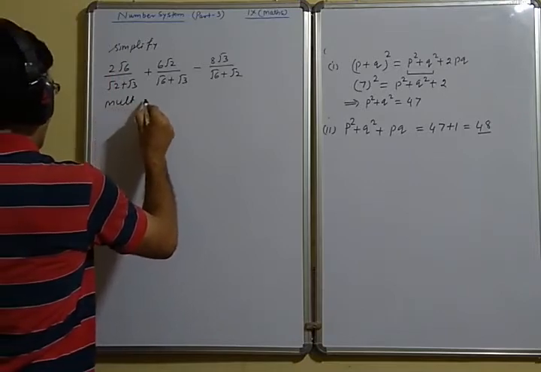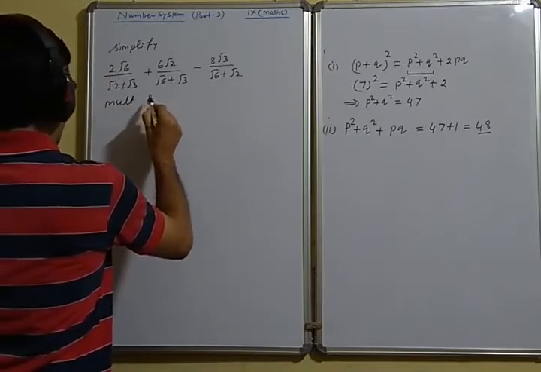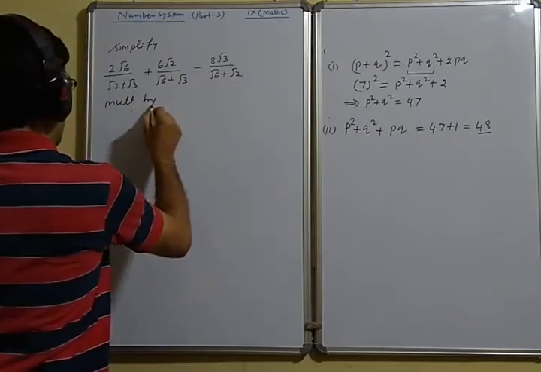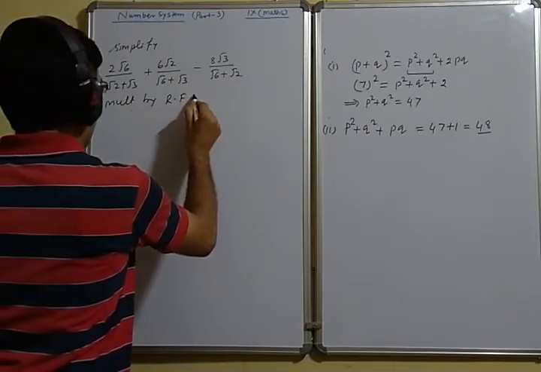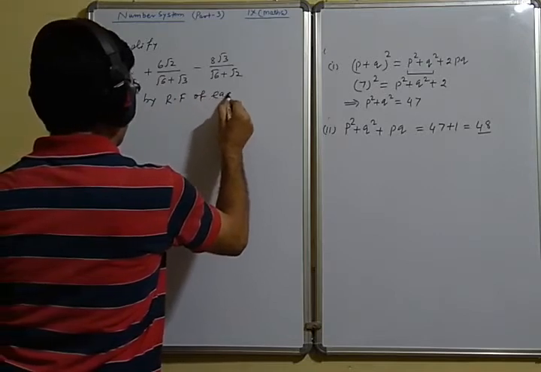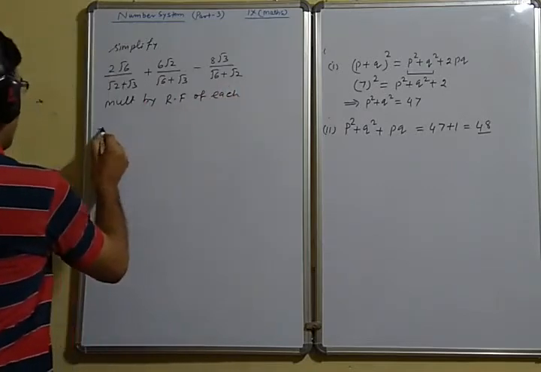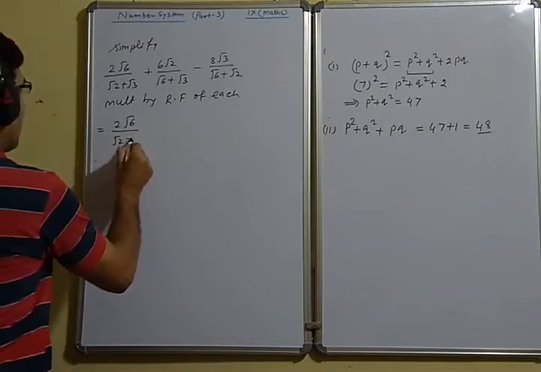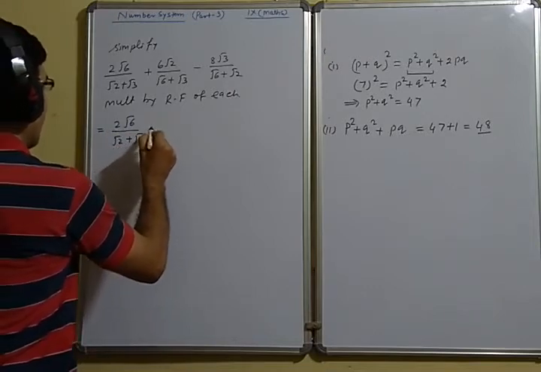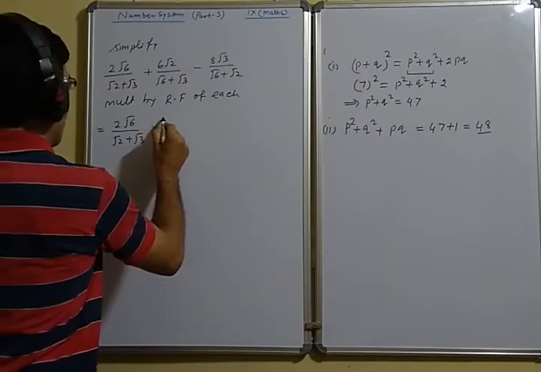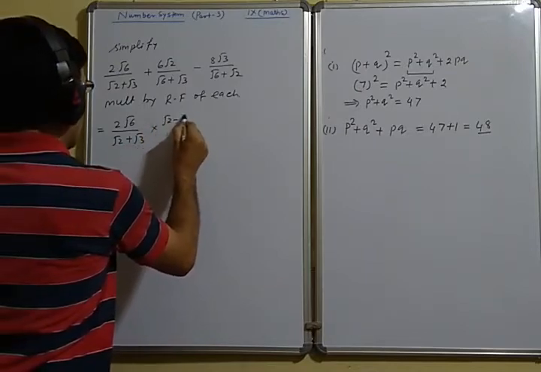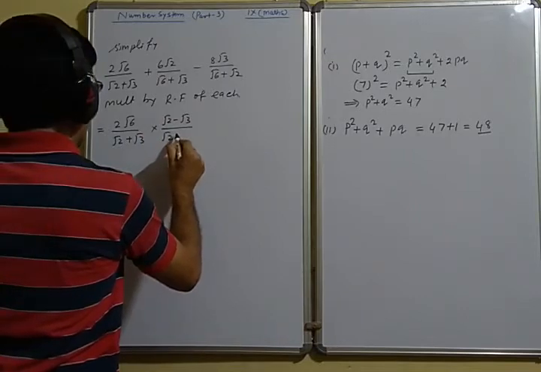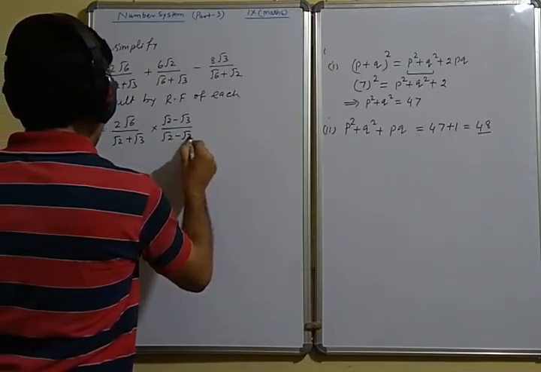Multiplying by the rationalizing factor of each. What you will get? 2 root 6 divided by root 2 plus root 3, its rationalizing factor is root 2 minus root 3, so multiply both numerator and denominator.